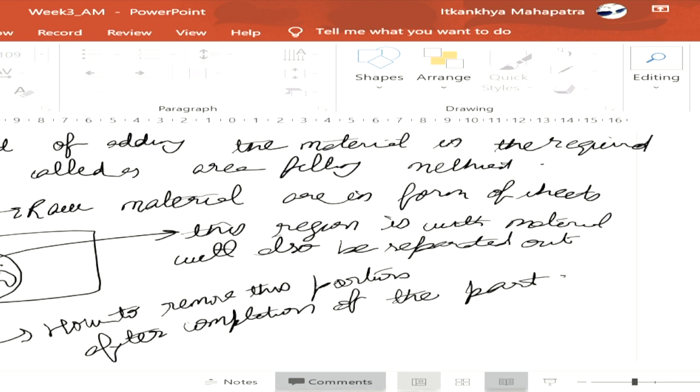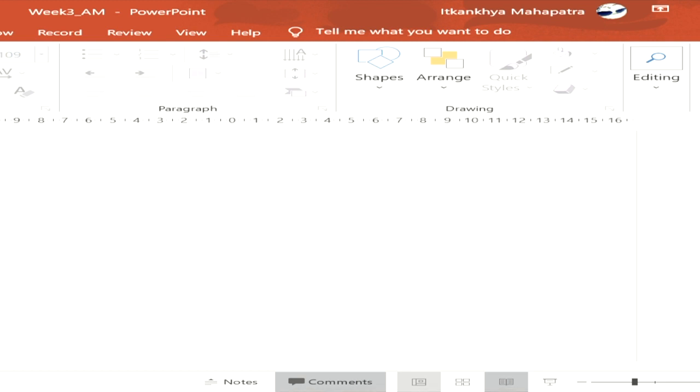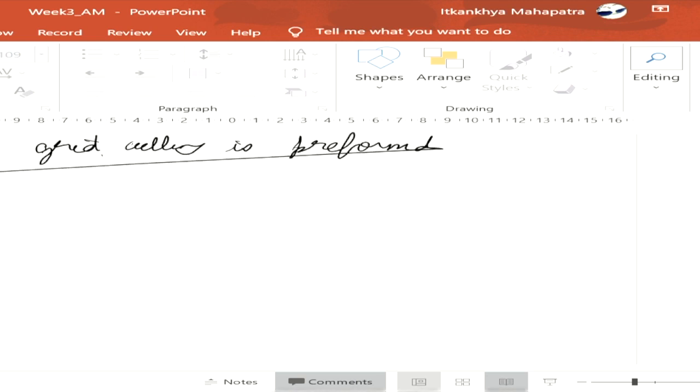Now for this operation, grid cutting is performed. That means this is a combination of X and Y passes.